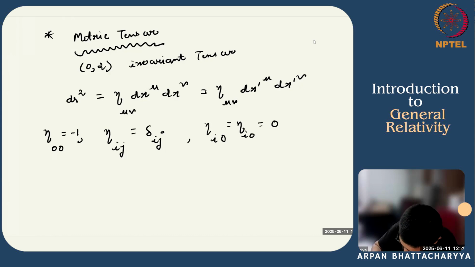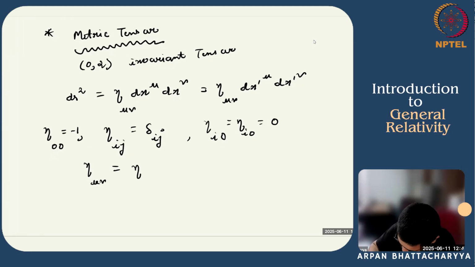It's a special example of a 0,2 tensor because it's symmetric. So remember that although we are writing it this way, this should actually be a tensor product. We are omitting the tensor product because it is symmetric, so we can interchange mu and nu and it remains the same. So this is a very special case. Otherwise, as we discussed, you have to be careful about this order.